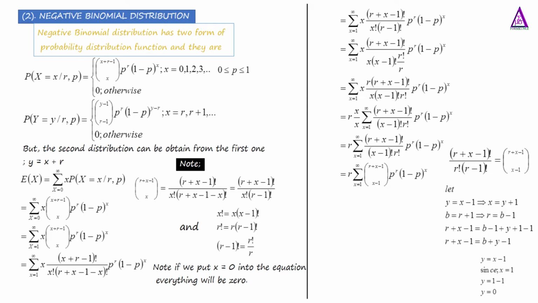So expanding the combination form in equation 3, we have equation 4, which is x ranging from 1 to infinity, x times (x + r − 1)! divided by x! (r + x − 1 − x)! multiplied by p^r (1 − p)^x.